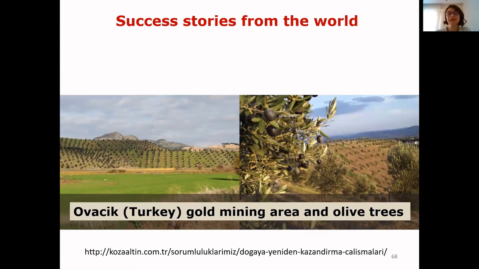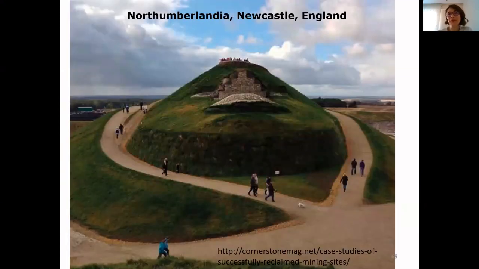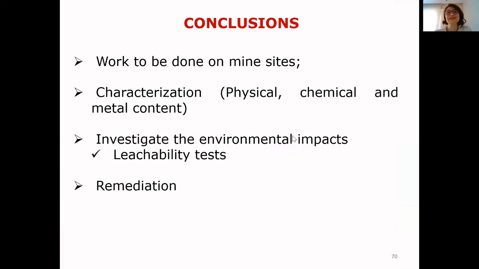Another example is from Newcastle, England. While mining activities were continuing, extra land close to the mine was transformed into a large public area. So if we want, we can do nice things.